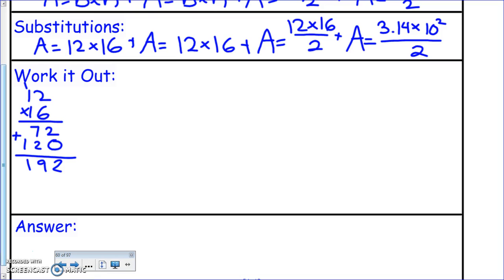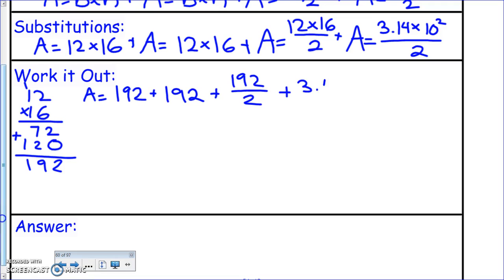So we're going to fill it in for both rectangles and the top piece of the triangle formula. So the next piece we're going to do now is we're going to take 192 and we're going to divide it in half.